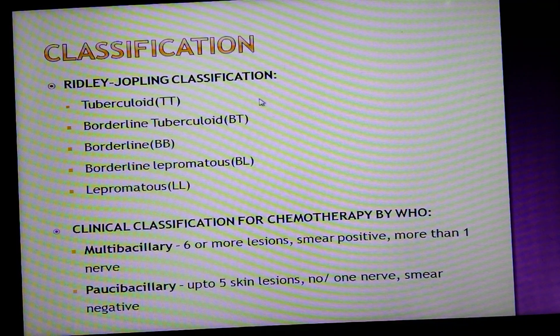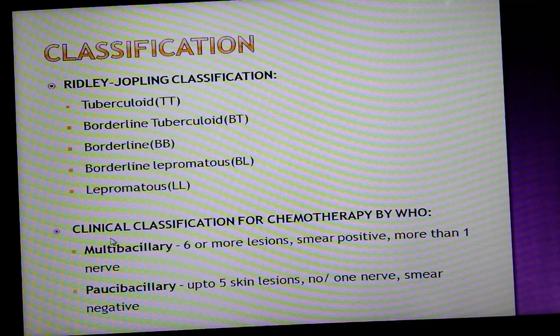Both of them classified leprosy as tuberculoid, which we call TT, borderline tuberculoid, BT, borderline, BB, borderline lepromatous, called BL, and lepromatous, called LL. This is the Ridley-Joplin classification of leprosy.